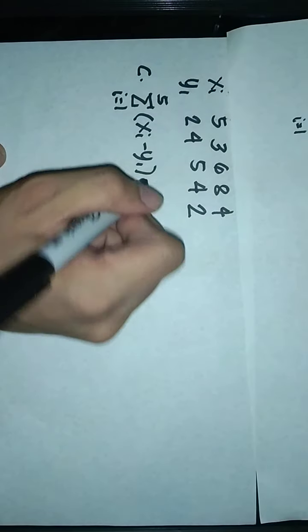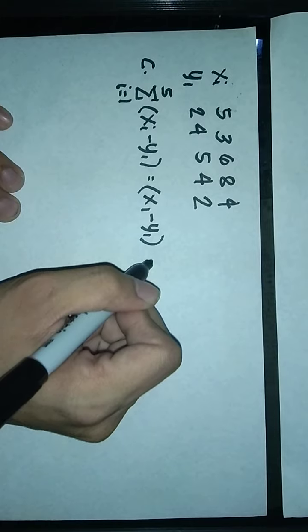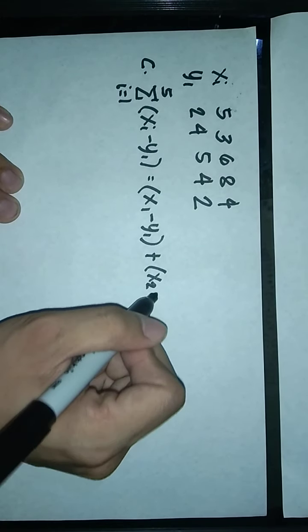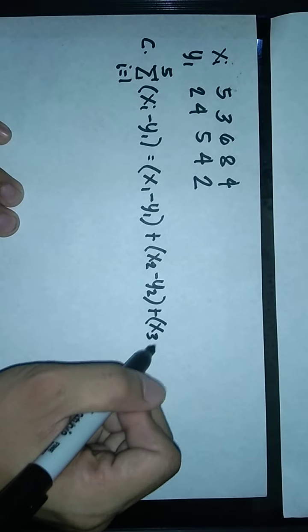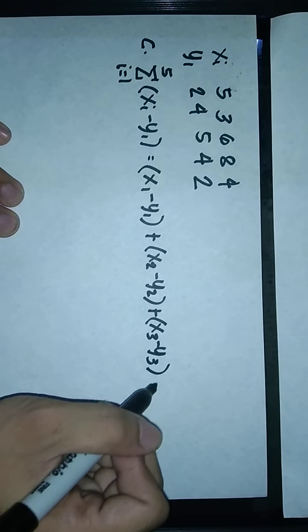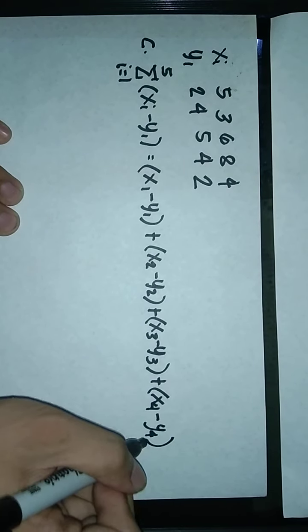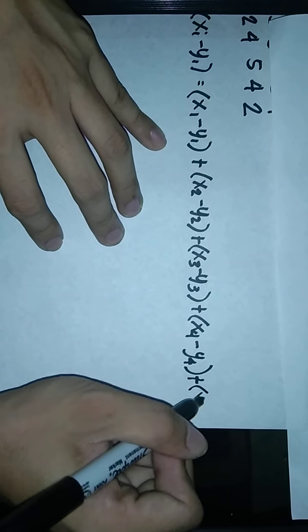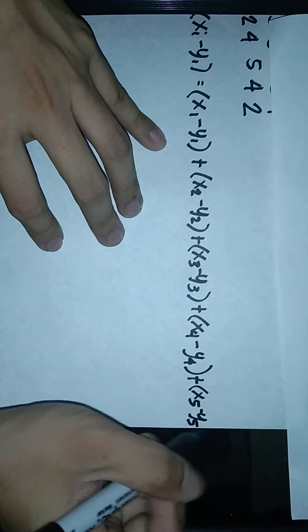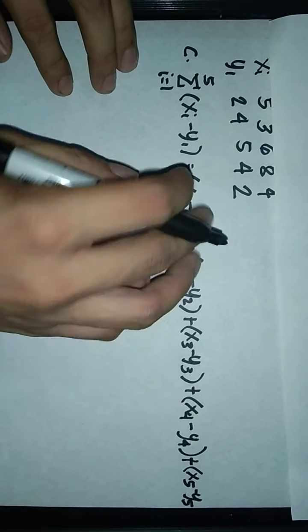So, we will have x sub 1 minus y sub 1 plus x sub 2 minus y sub 2 plus x sub 3 minus y sub 3 plus x sub 4 minus y sub 4 plus, hindi na kasya, x sub 5 minus y sub 5. Imaginary na yung parenthesis. Salamat sa pag-unawa. Okay, let's continue.